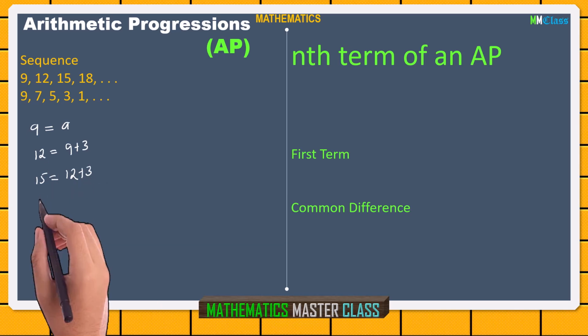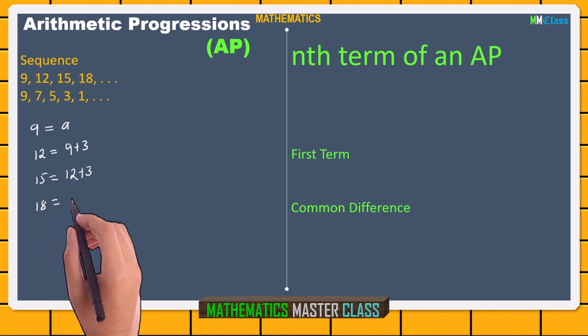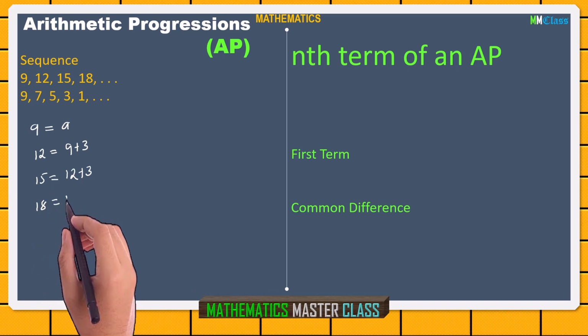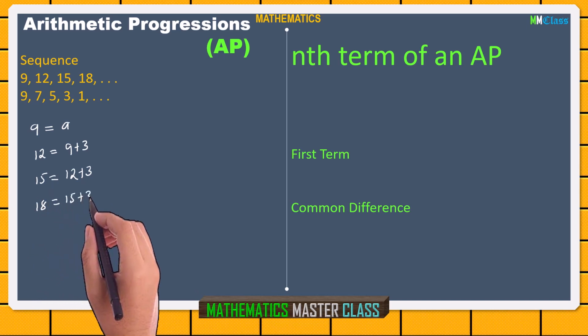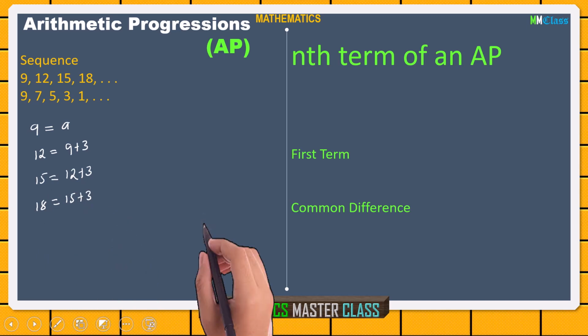Then the fourth term, which is 18, will be equal to 15 plus 3. So you can see that there is a constant addition of 3 to the first term, A, which is 9.